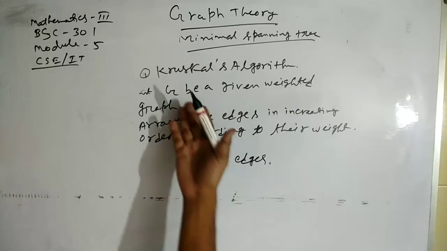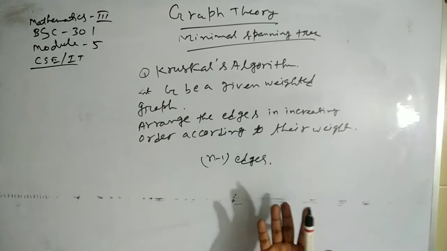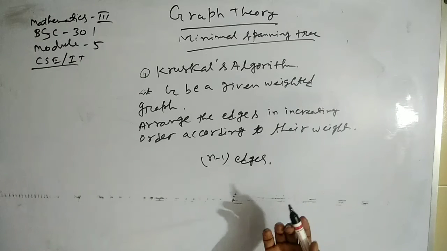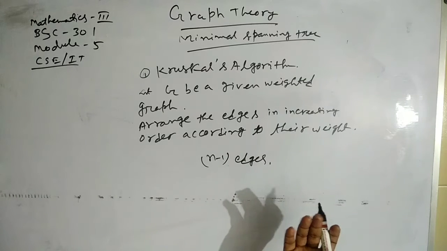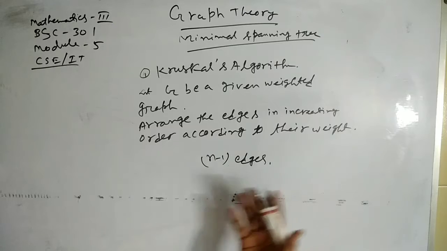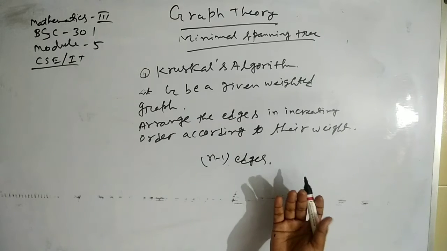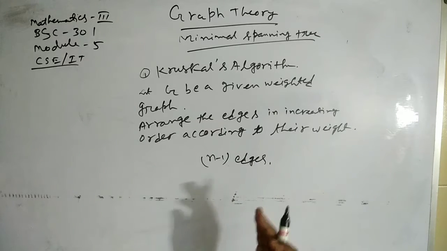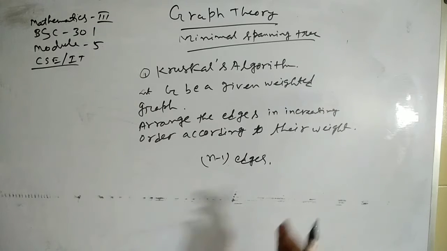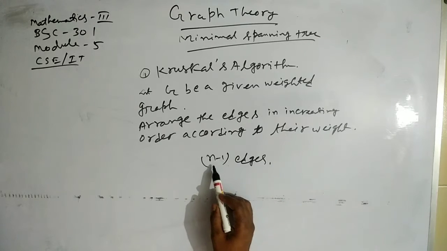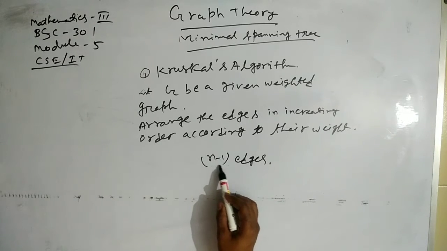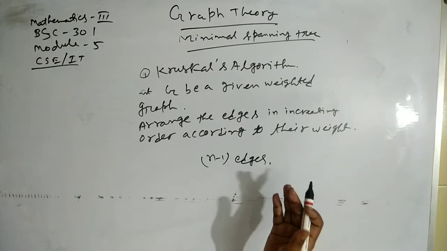Graph G is a graph with n vertices, and we know that in a tree with n vertices there are n-1 edges. So after arranging in increasing order, you will have to draw the edges according to the weight until you get n-1 edges.